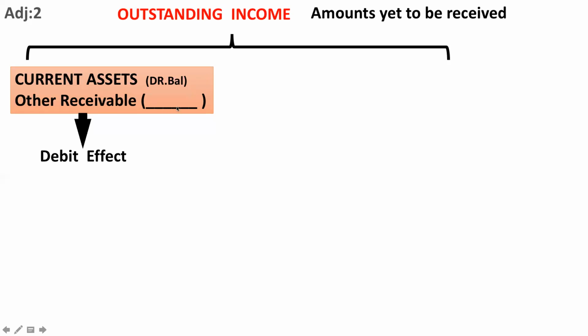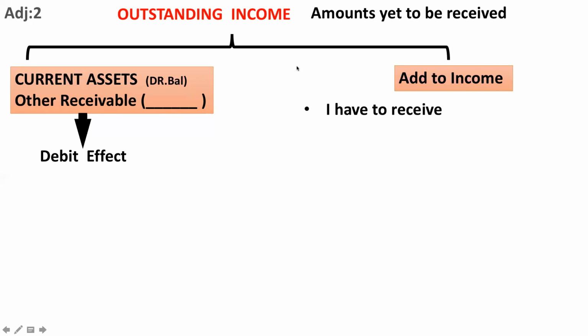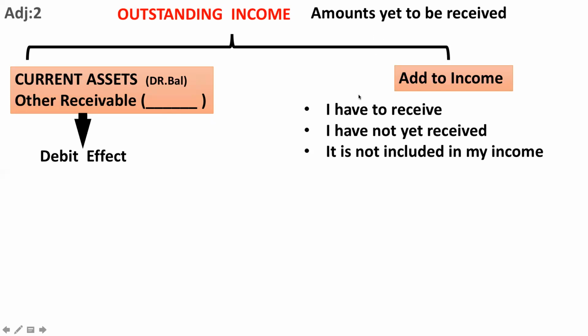Second effect of outstanding income. Income yet to be received. You will add it to the income. Why? Because I have to receive it. I have not yet received it. It is the amount that is yet to be received. Because I have not yet received it, it is not included in my income, but it is my income.